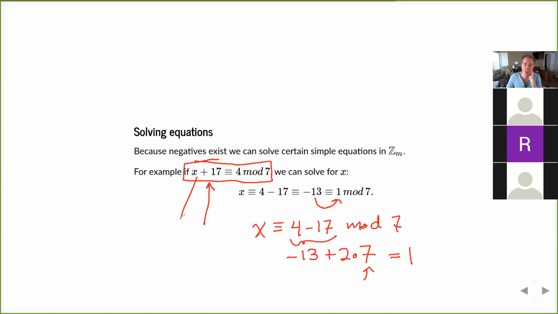We just solved this equation. It has to be the case that x is equal to 1. So you can solve modular equations just the same way you solve non-modular equations, by moving things between both sides of the equal sign and by canceling things.